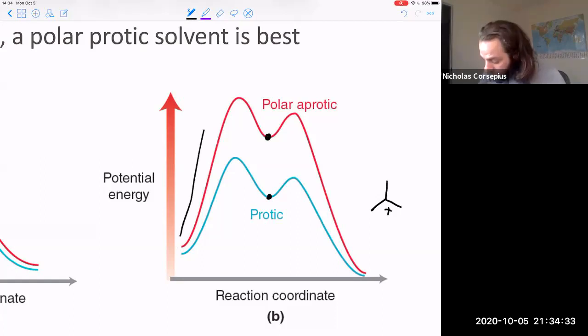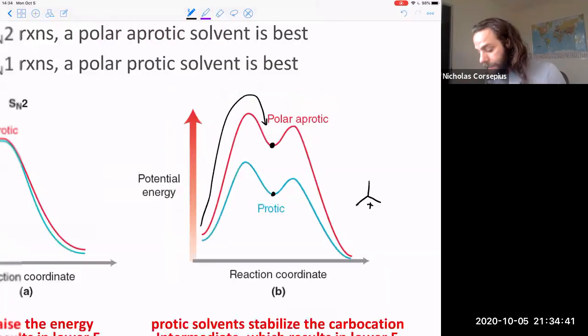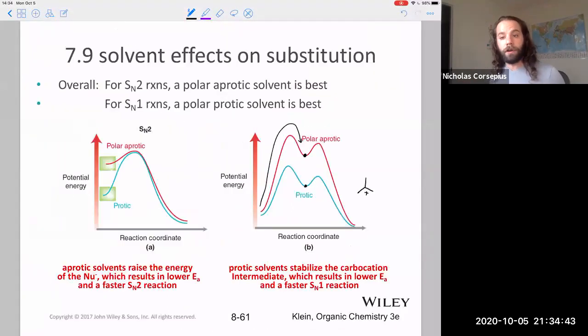It's going to be harder to get there. There's a bigger jump in order to get there, because again, aprotic solvents destabilize charge. When we were talking about SN2, that was a good thing because that destabilized our reactant. But when we're talking about SN1 and E1, that's bad because it's destabilizing that intermediate, making it harder to form that carbocation.